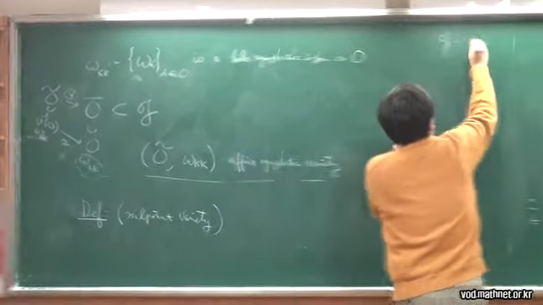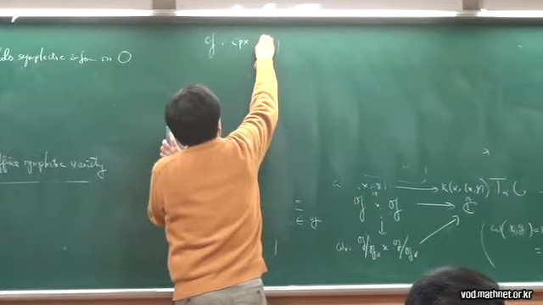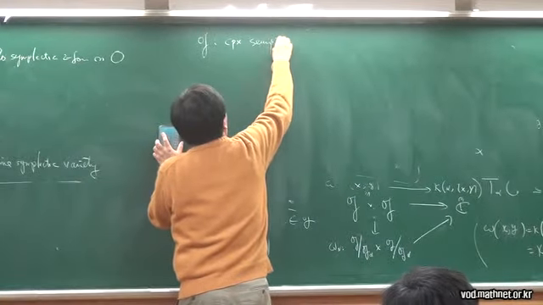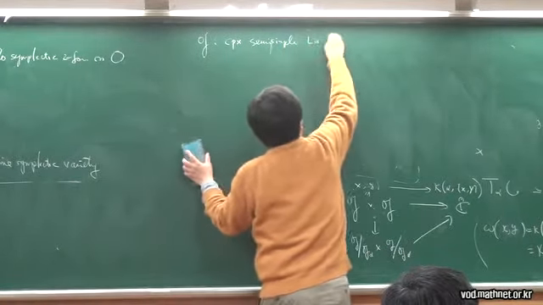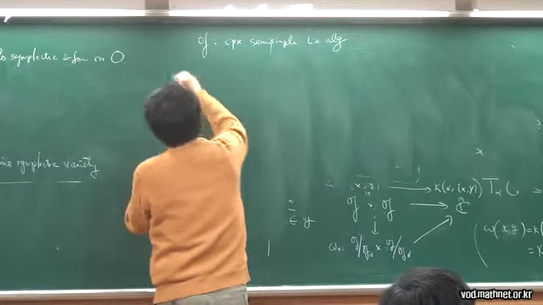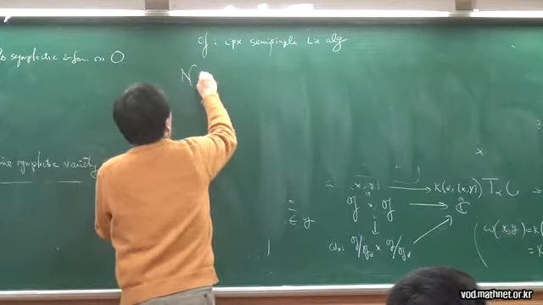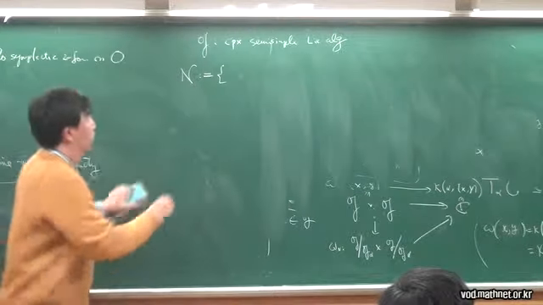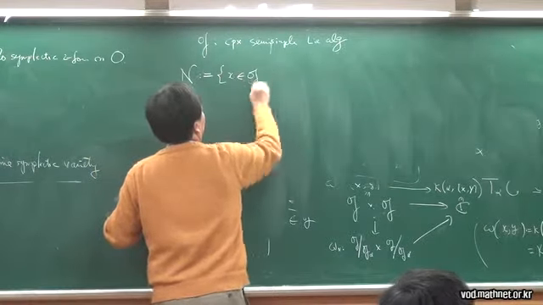Let us start with a complex semisimple Lie algebra g, and N is the set of all nilpotent elements x.